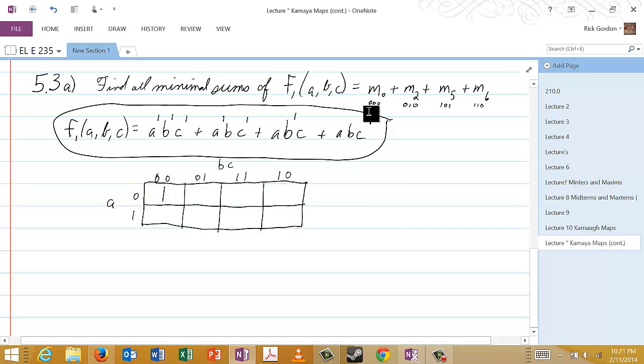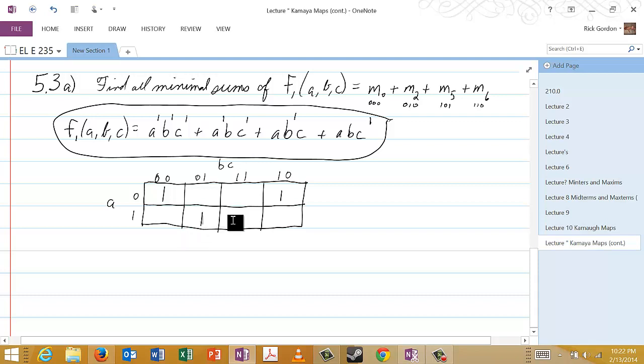So after 0, we see we have 2. 0, 1, 2. So we need to put a 1 here. Then the next one after 2 is 5. Okay? 0, 1, 2, 3, 4, 5. So we get a 1 here.